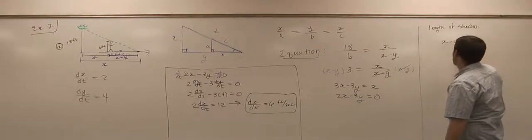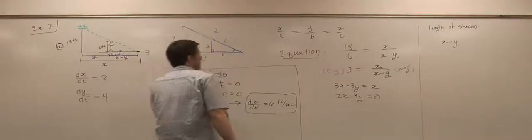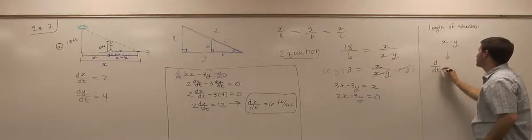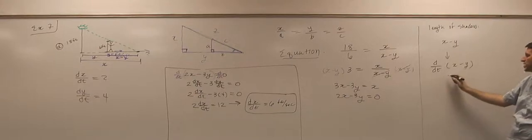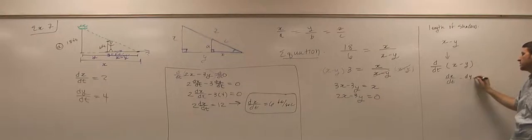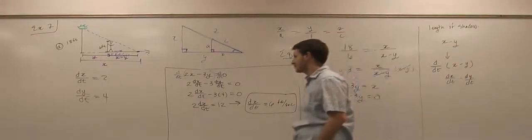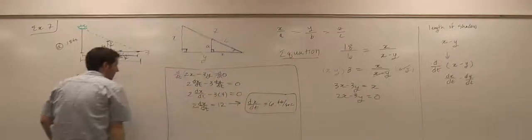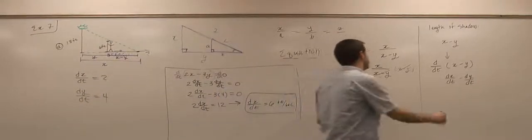The length of the shadow is changing at a rate of dx/dt minus dy/dt. So you know dx/dt, you know dy/dt.